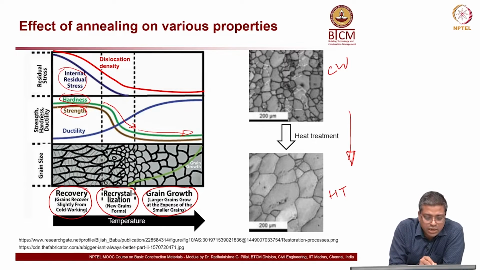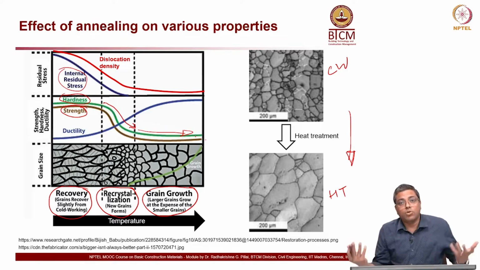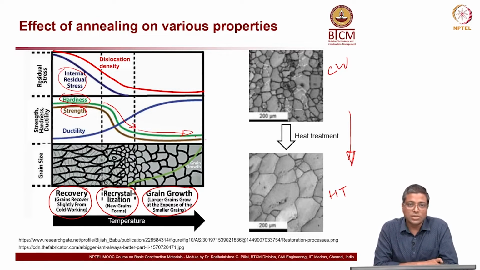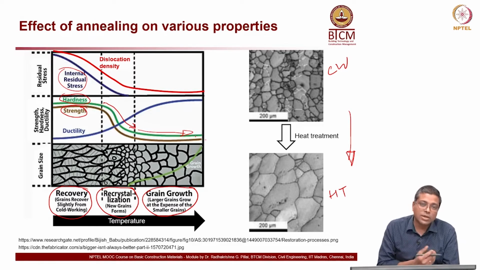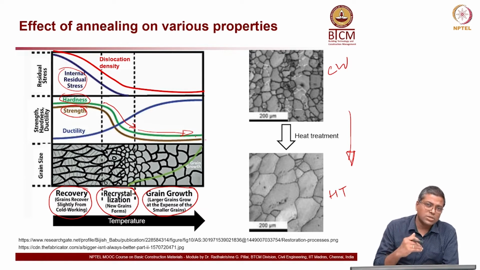In the recovery stage, not much difference, but in the recrystallization stage, you lose strength. Then after recrystallization, in the third stage, grain growth, you again have similar strength. Now, you can say that you don't want to reduce the strength, but that is the metallurgist's job, of finding a material combination where the strength loss need not be very high.